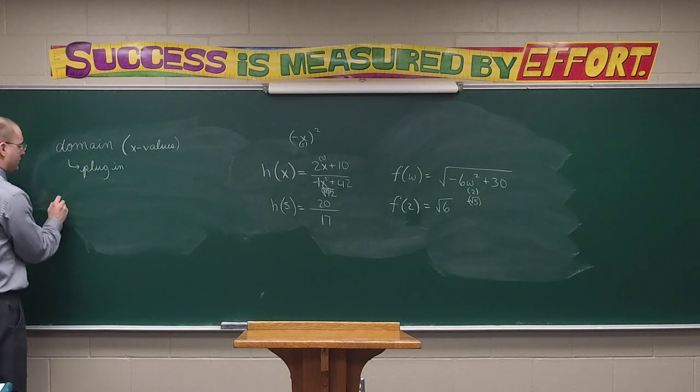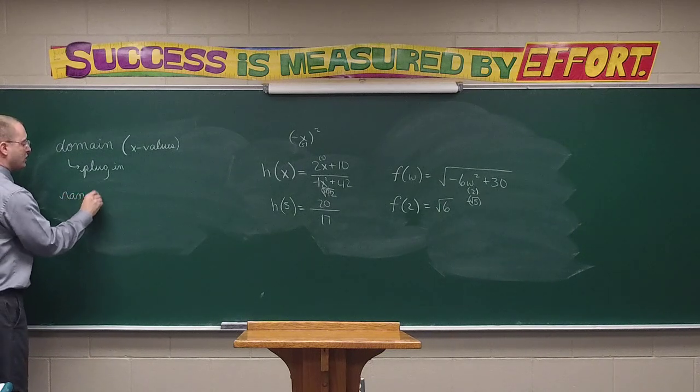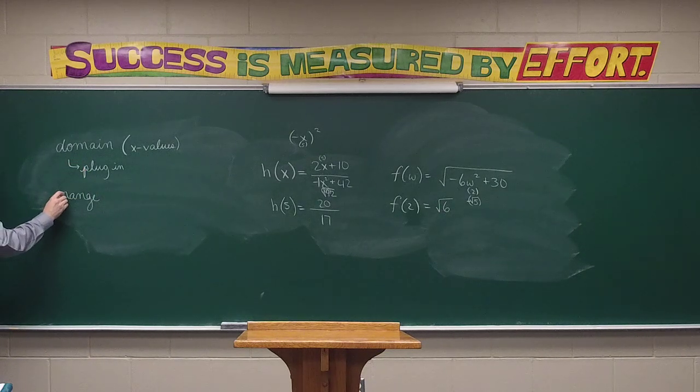There are also limitations sometimes on what you'll get out of a function. We call this the range. That's a lowercase r. I'm just horrible at them in cursive. The range refers to the set of all values that may be obtained for the dependent variable.